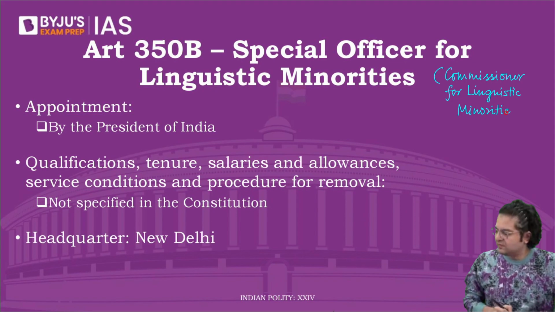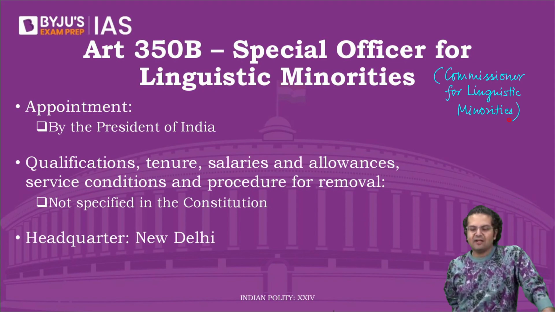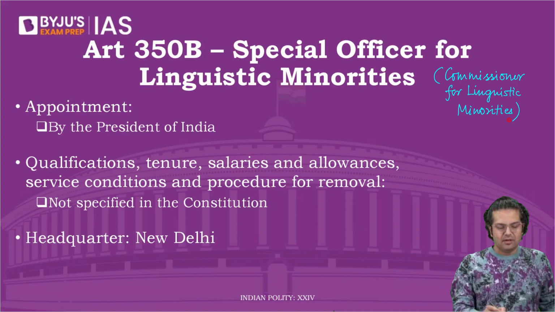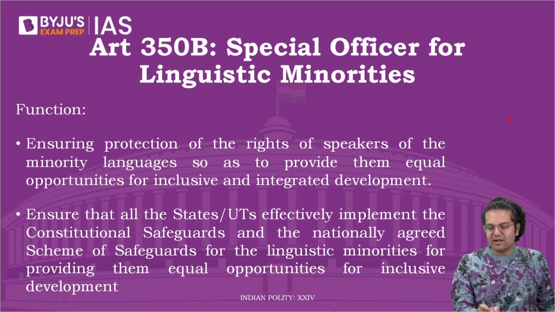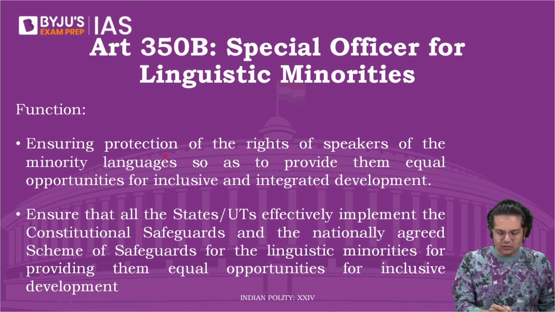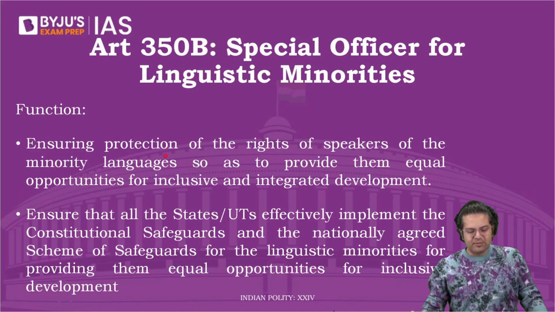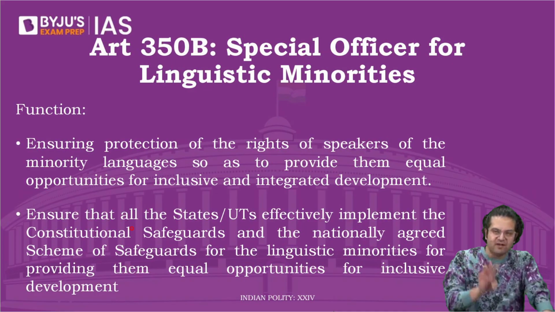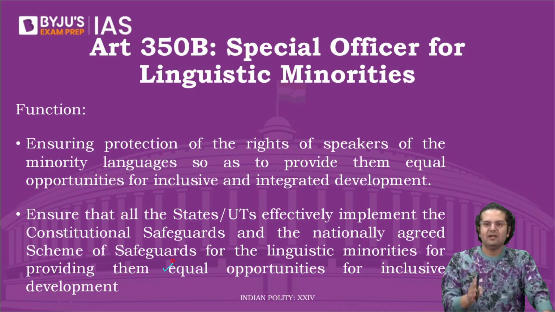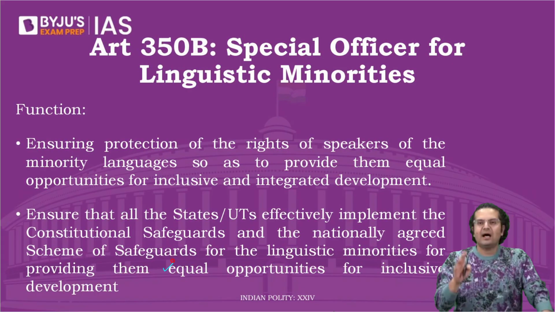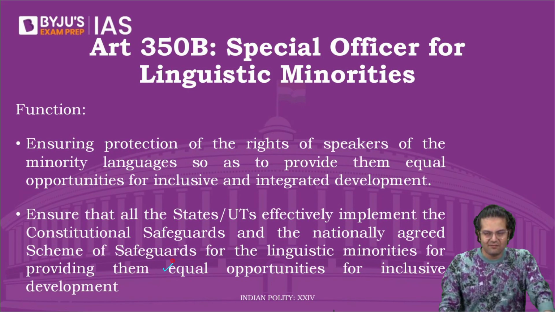What's the CLM? What's the task of CLM? The task of CLM is this: ensuring the protection of the rights of people of minority languages. That's it. And also ensuring that these people are given equal opportunities for inclusive development. They are not harassed. The safeguards in the Constitution, Article 29, Article 30 are taken into consideration effectively. That's it.